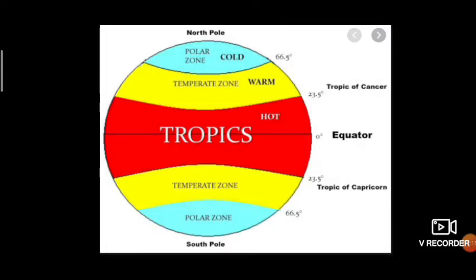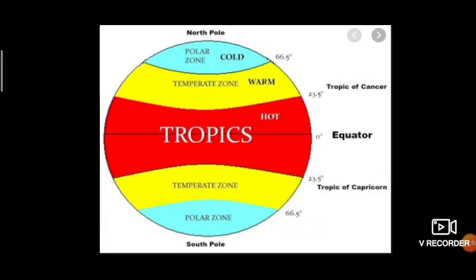Whereas from Arctic Circle till Tropic of Cancer in the northern hemisphere, and from Tropic of Capricorn till Antarctic Circle in southern hemisphere, this yellow area, the temperate zone, lies between 23.5 north and 66.5 north in the northern hemisphere, and between 23.5 degree south to 66.5 degree south in the southern hemisphere.